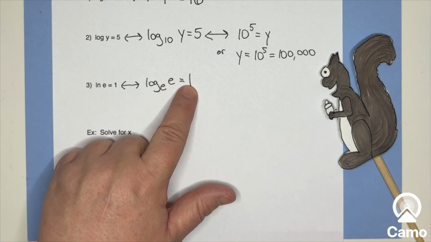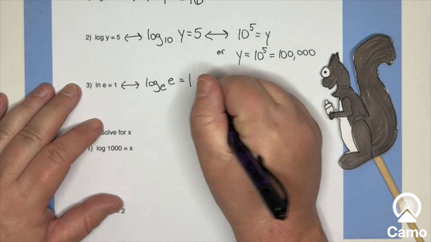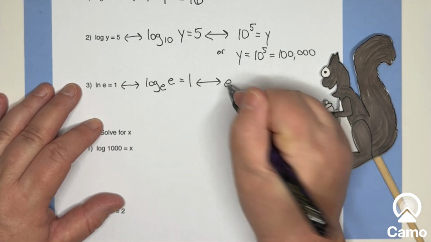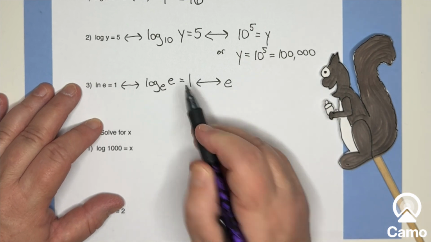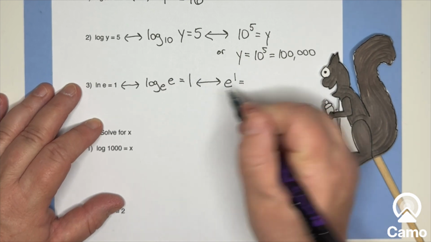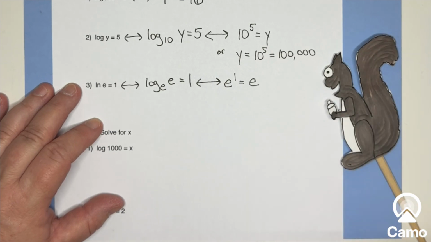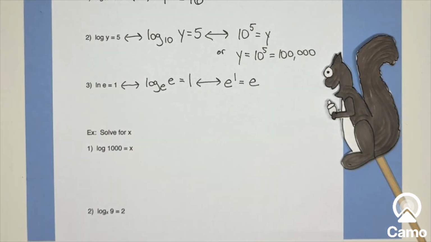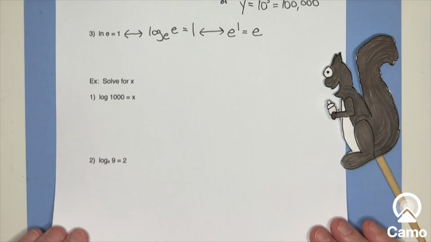E to the first power gives me e. So again, start with the base, go across to the 1, and come back here. E to the first power equals e. Woohoo! Nicely done. Yay! So let's do a couple of problems.